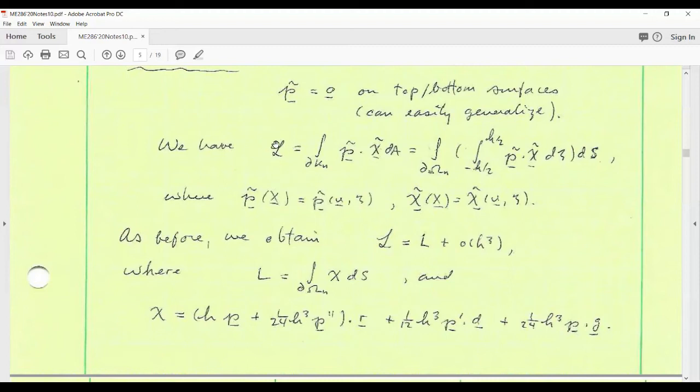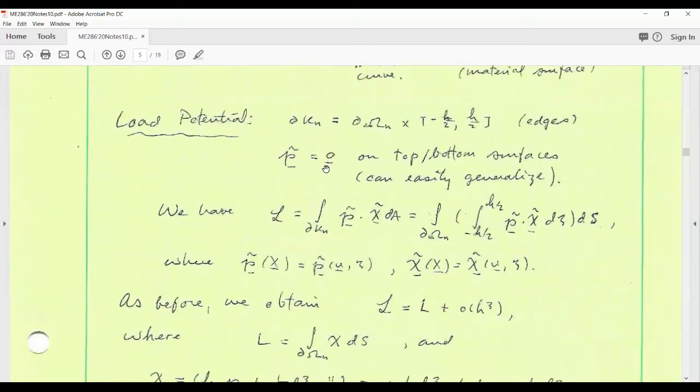I'll call it calligraphic L. Okay, and we can break up this surface integral now into an arc length integral around the curve, the boundary of the midplane. So S is arc length along that curve, and then a through thickness part. dA on the edge is ds times d zeta, right?